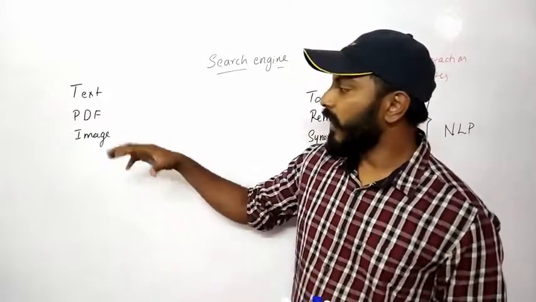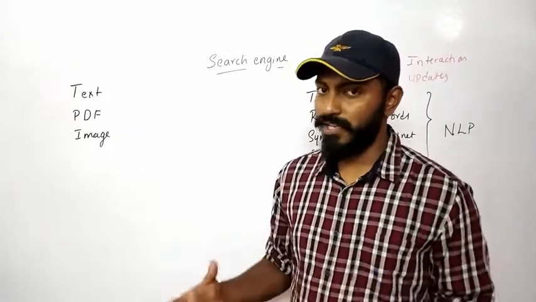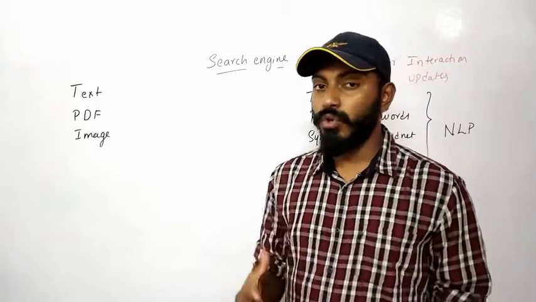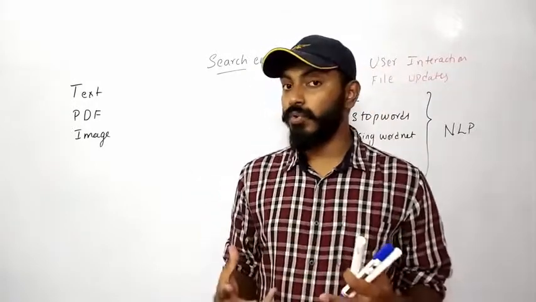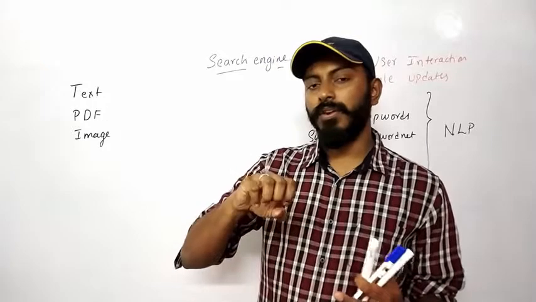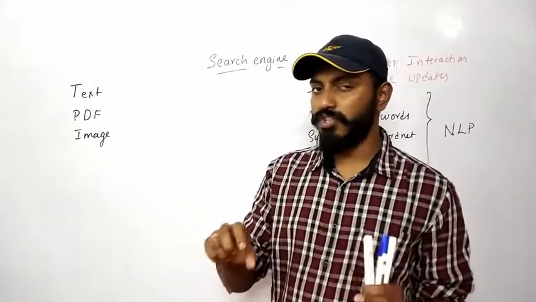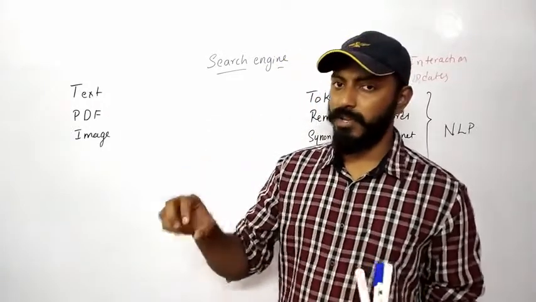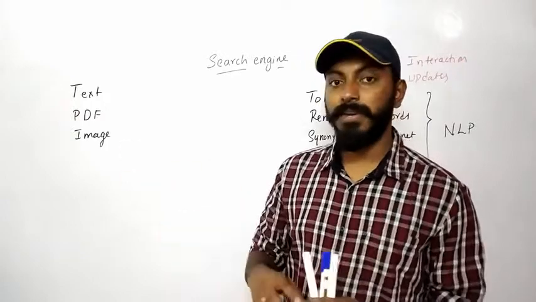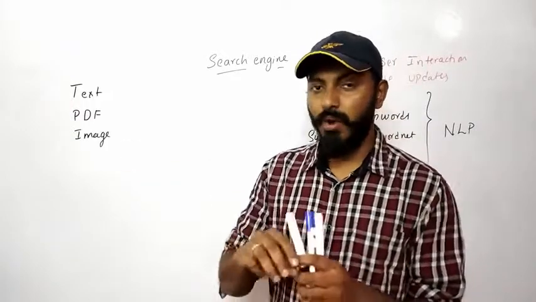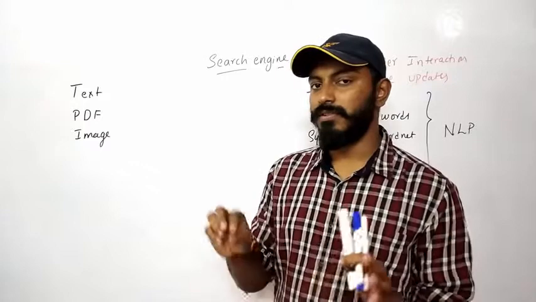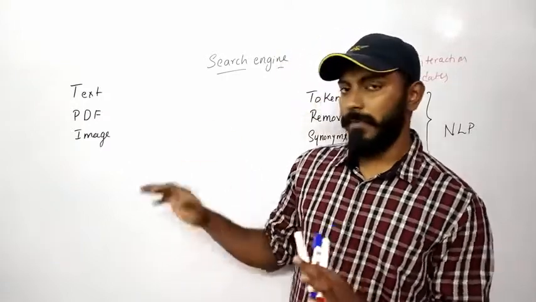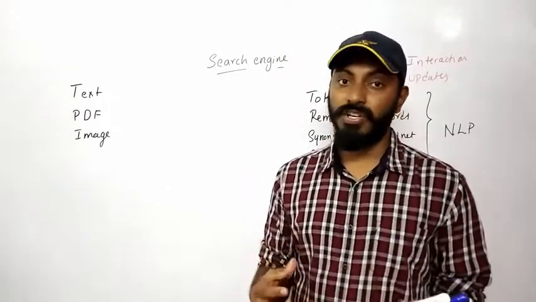Now we have PDF and image both in image form, and we have to extract the textual information present inside those images. If it is a PDF, definitely we are expected to have a lot of textual information there. But if it is an image, we might or might not have.